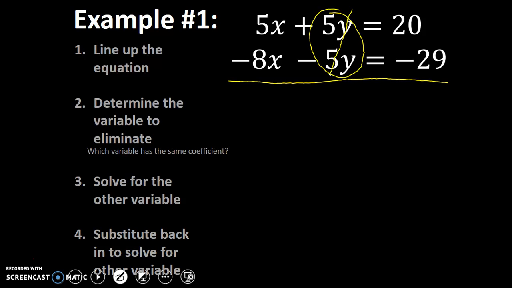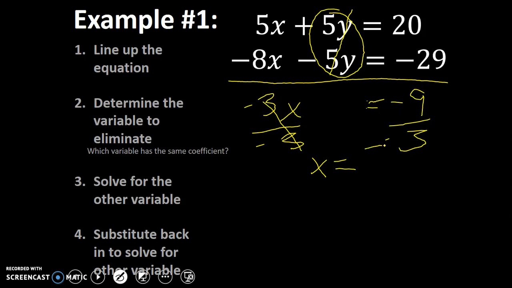Now I'm going to solve for the other variable. I'm left with my x's, so 5x minus 8x gives me negative 3x, and then 20 minus 29 gives me negative 9. Then I solve for x: I divide by negative 3, and I get x equals 3.